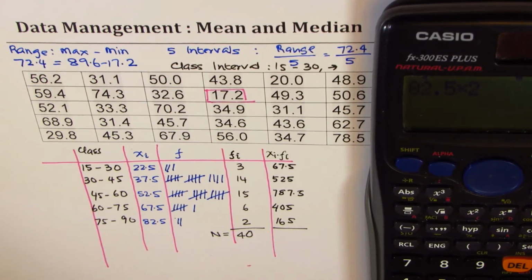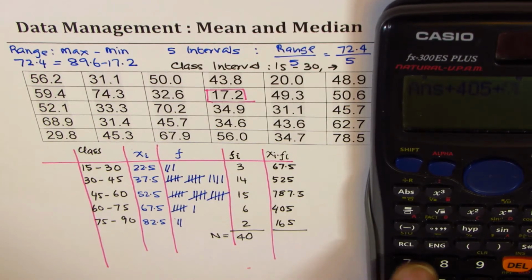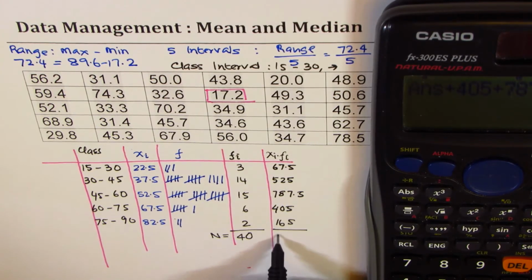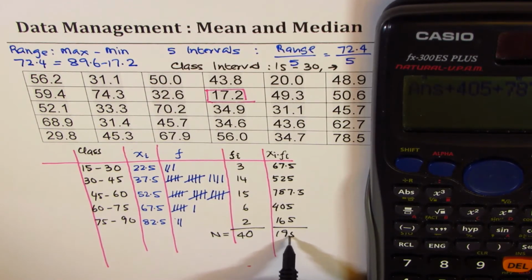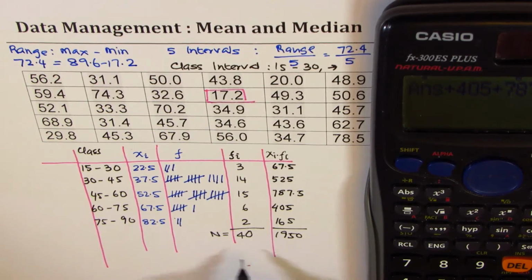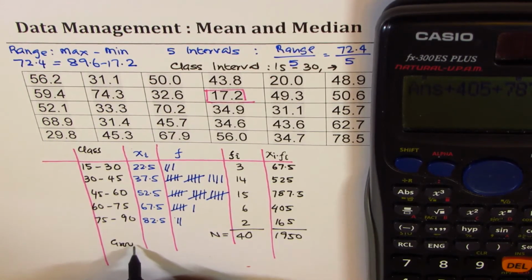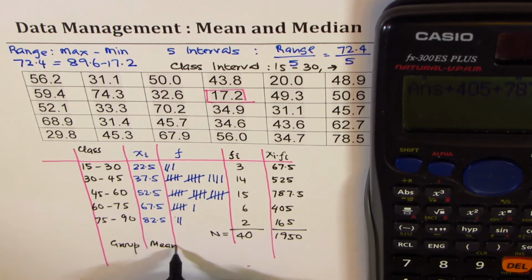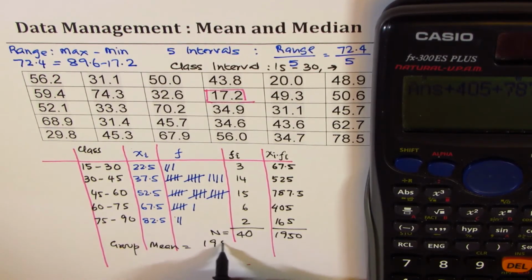So let's add them up. We'll add 165 plus 405 plus 787.5 plus 525 plus 67.5, and that gives us 1950, correct? And now we can find the group mean as the ratio of these two, right?